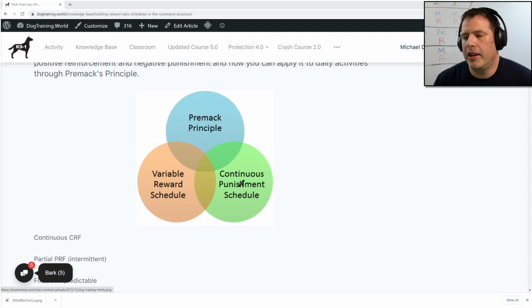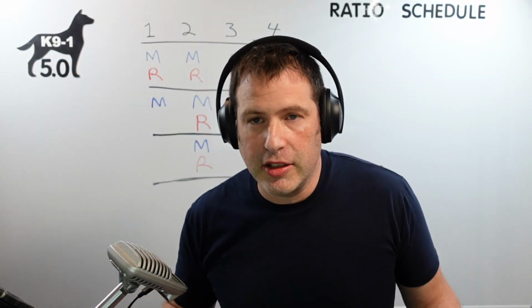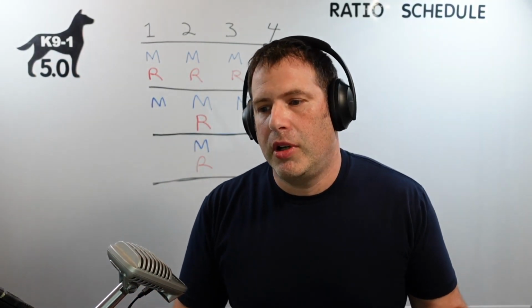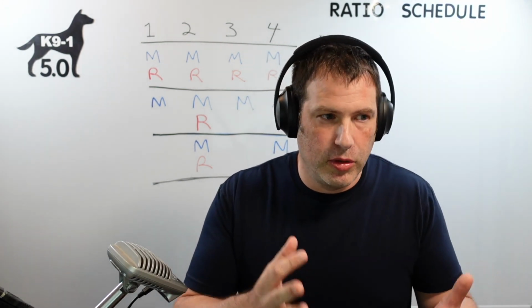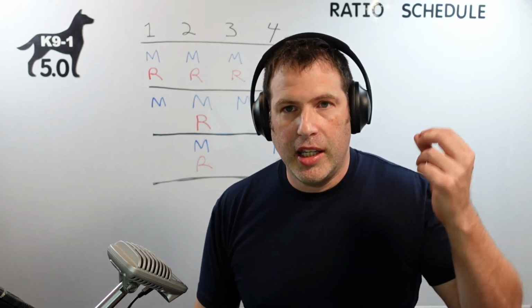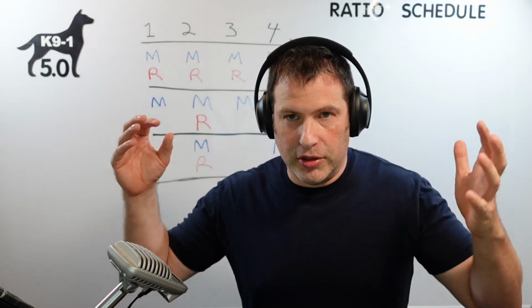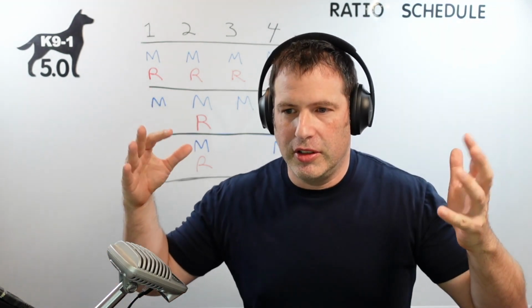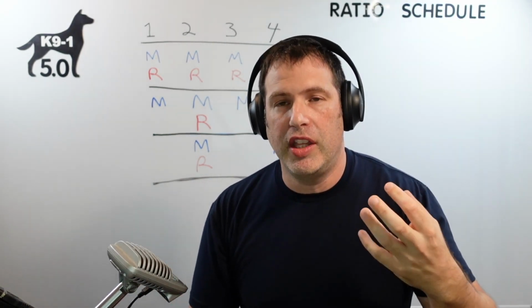I don't like to talk much about punishment unless someone is really good with this sort of stuff. And I always tell people that as a professional dog trainer, the best way to be good at incorporating punishment, and the most ethical way to incorporate punishment into a training plan, when and if you find it necessary, is to first be really, really good at using the encouragement side of things, the positive reinforcement and the negative punishment, which is just the giving and taking away of things that the dog likes.